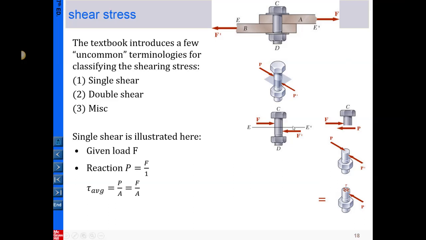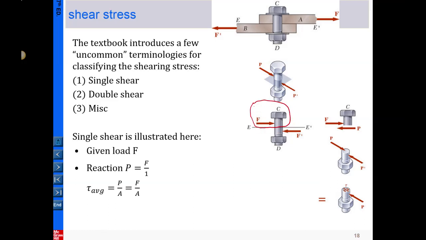Now once we know the distribution of the force on the pin, because we want to determine the magnitude of the stress in the pin's cross section, we further pick a cross section, say we cut here. The cut can be at the middle or a little bit above the middle. That's okay as long as you pick a cut, just like this one. Once you pick the cut, that is the free body diagram you pick here.